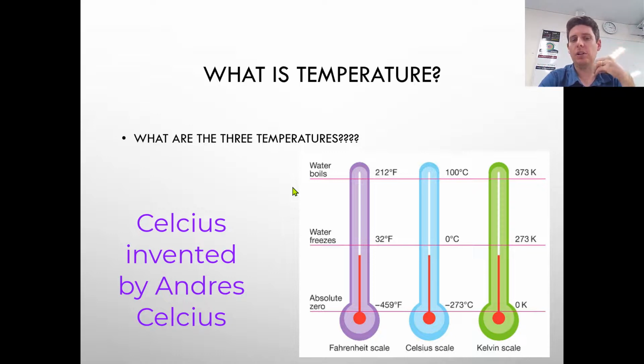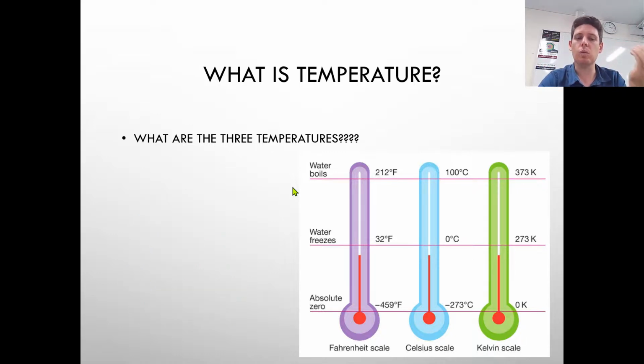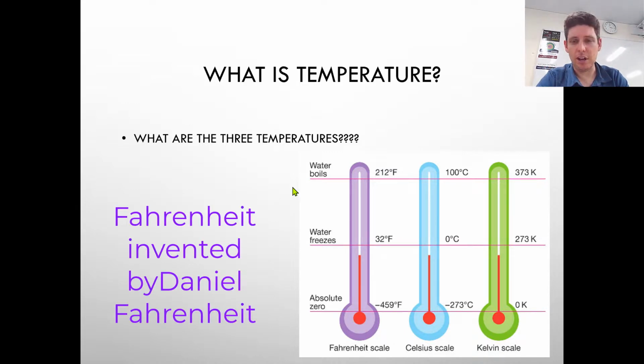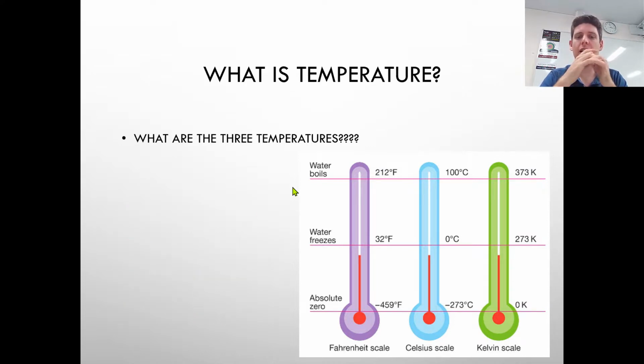So it's based on the freezing point of water. Fahrenheit, not so obvious. So a scientist had ice and salt mixed together, and those froze at 0 degrees Fahrenheit, and his body temperature was 100 degrees Fahrenheit. So he had a thermometer and based the scale using those two amounts, creating the Fahrenheit scale.